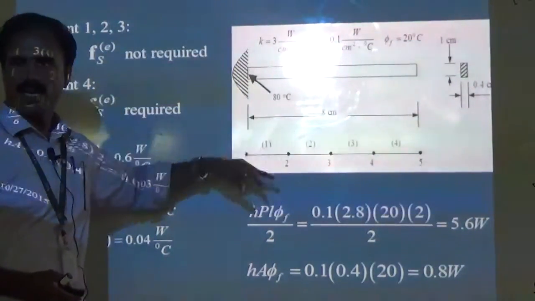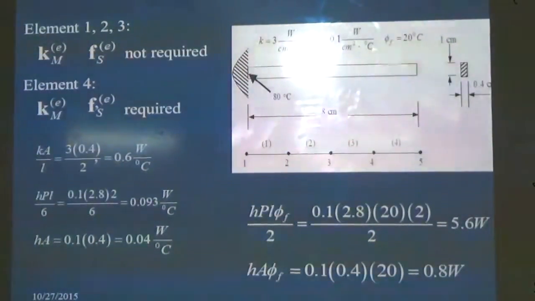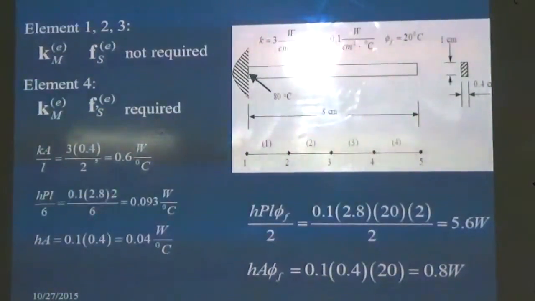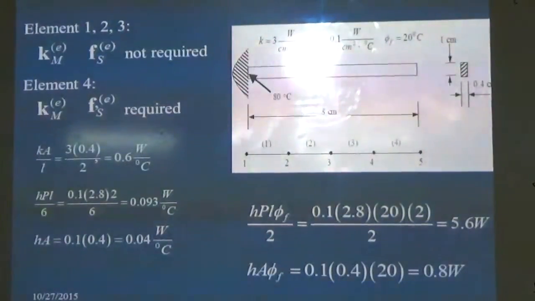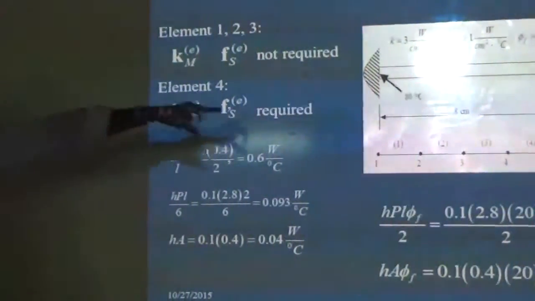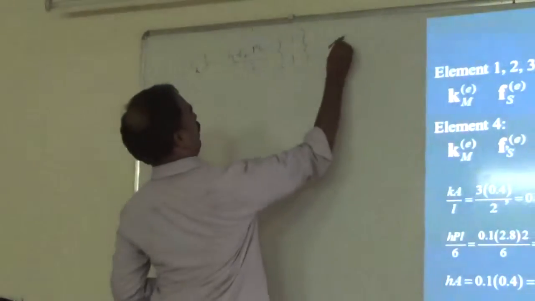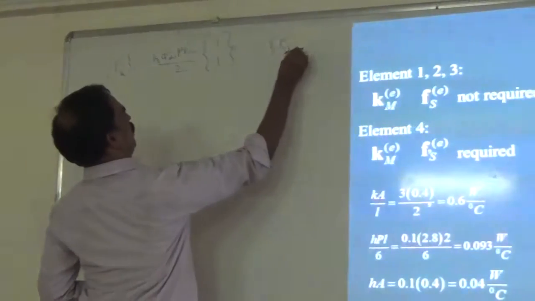We have only perimeter convection. What is the formula for the load vector due to perimeter convection? H T infinity P L by 2 times 1, 1. We calculate this for element number 1, 2, 3, and it is the same for elements 1, 2, and 3.